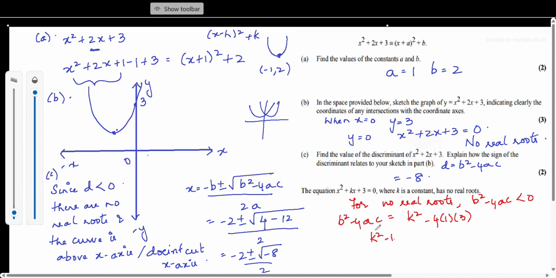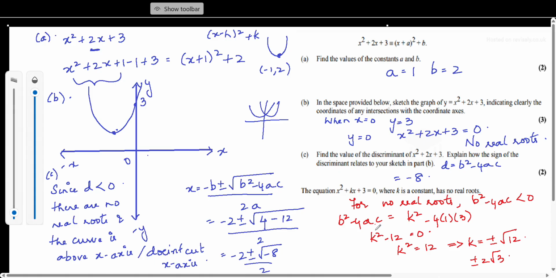So k squared minus 12 less than 0. You can think of this as a squared minus b squared, or even k squared is 12. If k squared is 12, k is plus or minus root 12. Root 12, in simplified surd form, is 2 root 3.